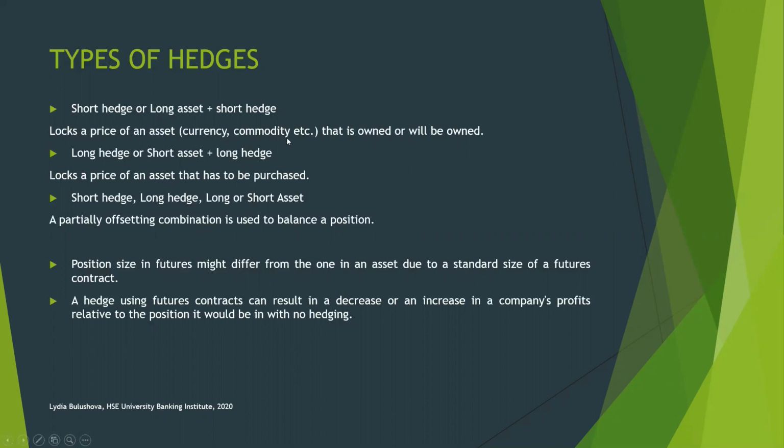If I have one unit of anything, I'd like to sell it, or I'm sensitive to its price. And I'd like to fix its price, or a part of its price, to hedge my position from a price drop of an asset.